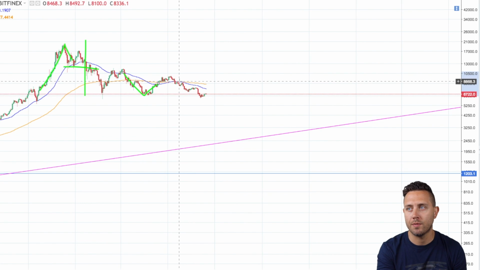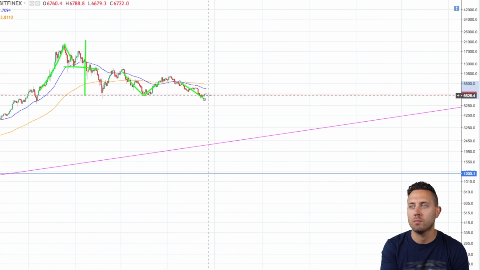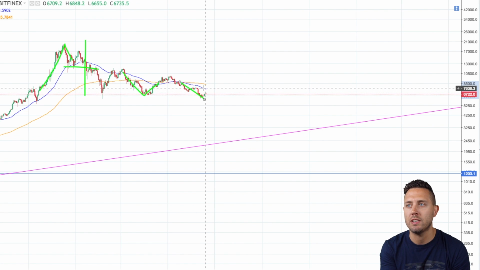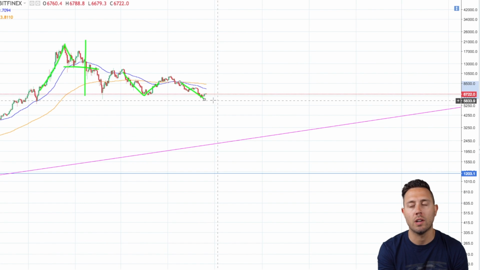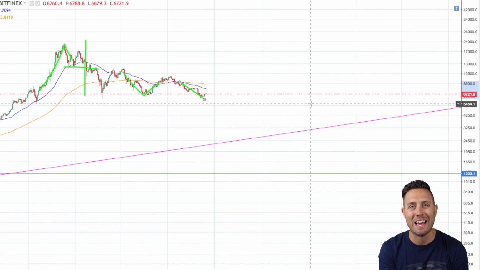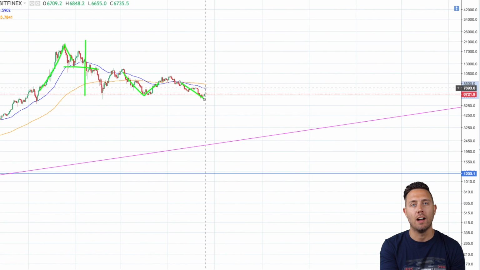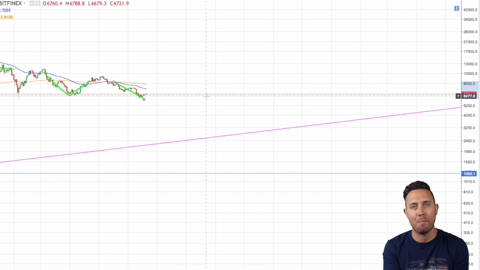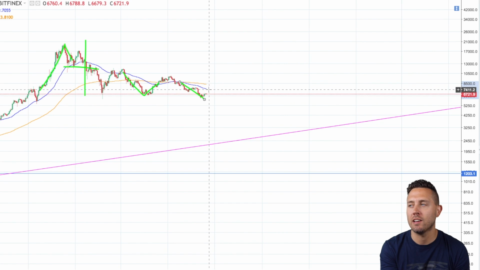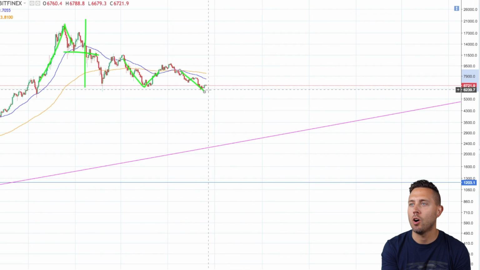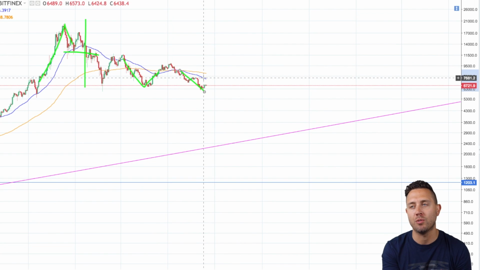So right now I think we're probably around 20% or so under the 50 EMA. So we might have a little bit of a ways to go down. We might test maybe 6,000 before another snapback up to the 50 EMA. But those snapbacks, and I'm tired of saying that word snapback, but I don't know any other word to use right now, are very key to look out for.